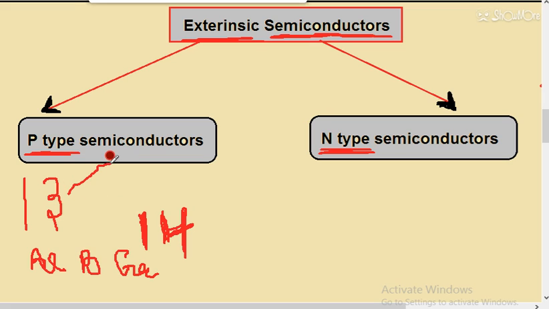So 13 is doped into group number 14. You have to remember 13 is doped into group number 14. I will discuss that when we discuss p-type semiconductor.